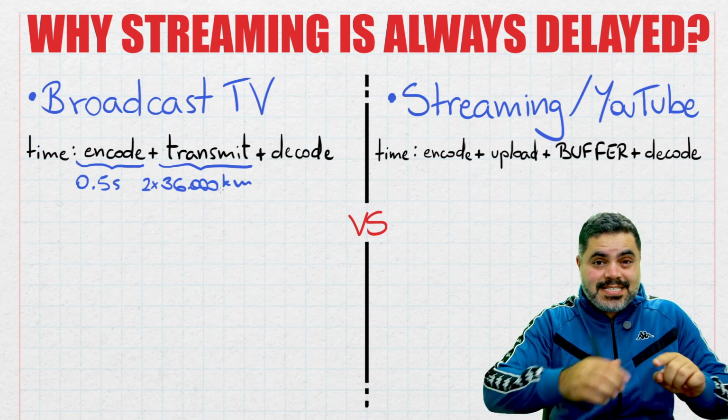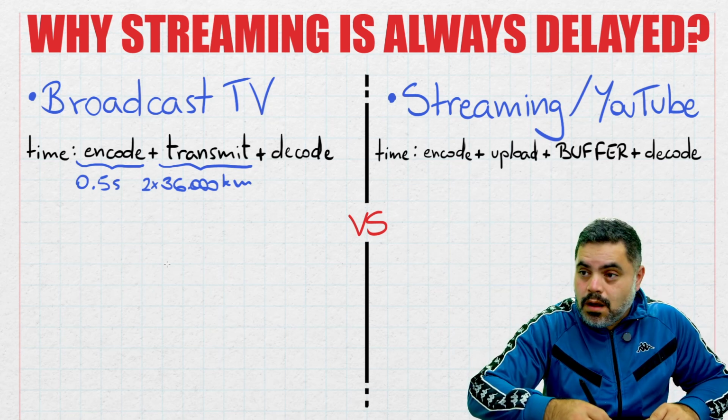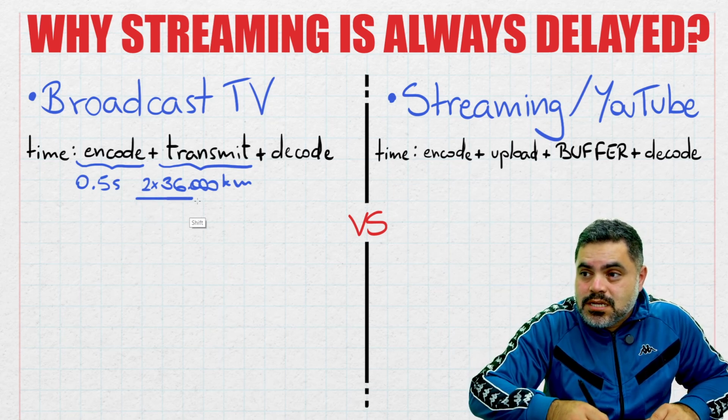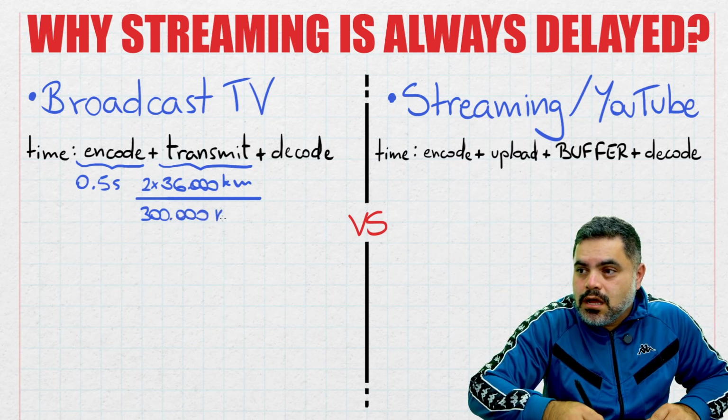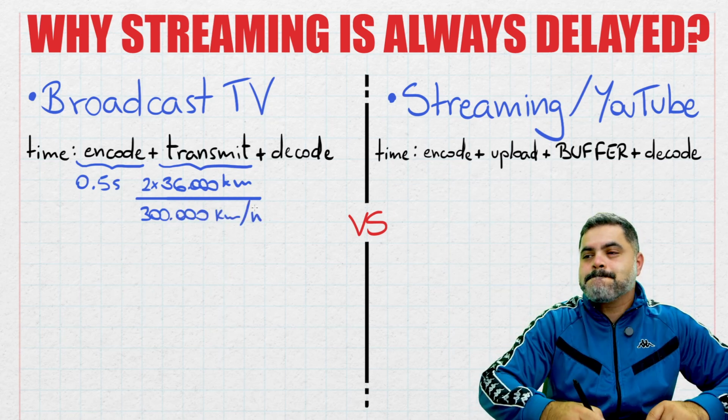And this signal travels at the speed of light. So we have to divide everything by the speed of light, which is 300,000 kilometers per second.